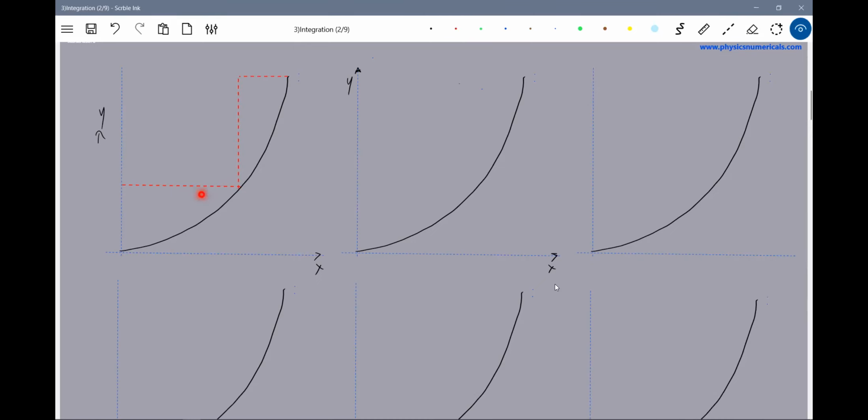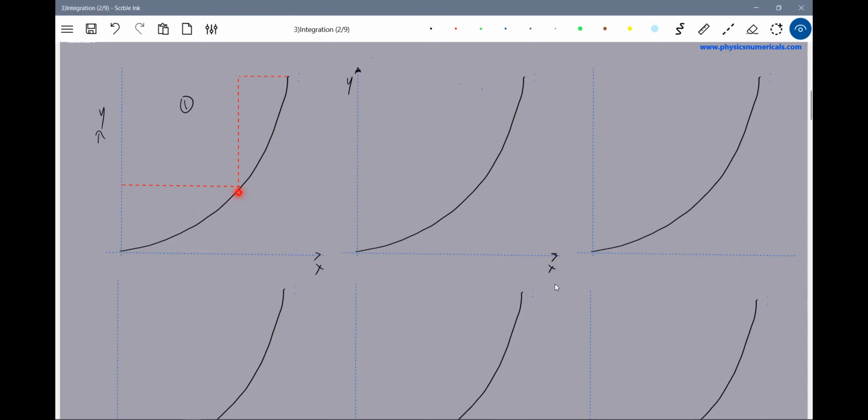Is this total area equal to the area under the curve? No, there's a lot of error. This much is the additional area we are adding. We don't know how to calculate the area under the curve, and we don't have any formula, so we will do it like this. Can I take this total area? Yes, there will be a lot of error because of this additional area we are adding.